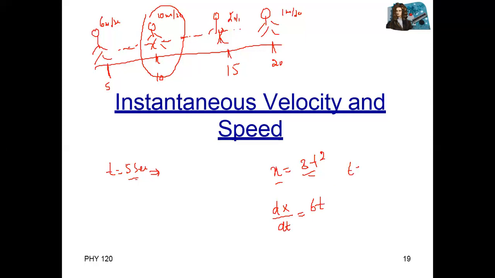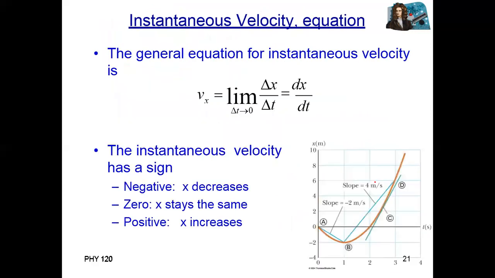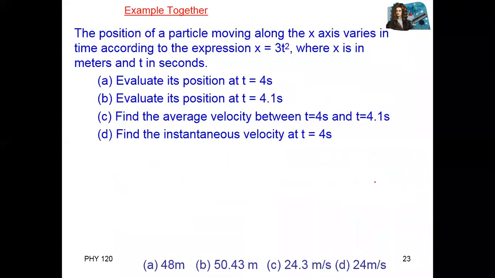If you want to find after 5 seconds, just put 6 multiplied by 5 equal to what? 30. After 5 seconds, your speed is 30 meter per second. So instantaneous means at any instant of time. This is the formula for instantaneous velocity or instantaneous speed, del x over del time. Let me solve one example on this one.